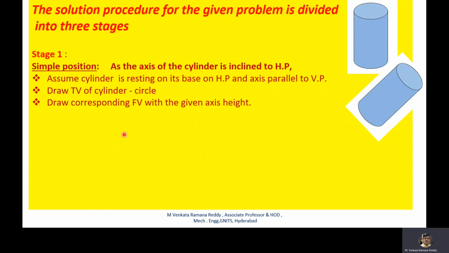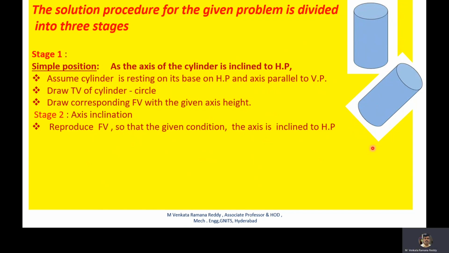After completing stage 1, we'll move towards stage 2. In stage 2, we'll tilt the front view so that the axis is inclined to the HP and it is resting on one of its base circle points on HP. After drawing the front view, we'll draw the corresponding top view.